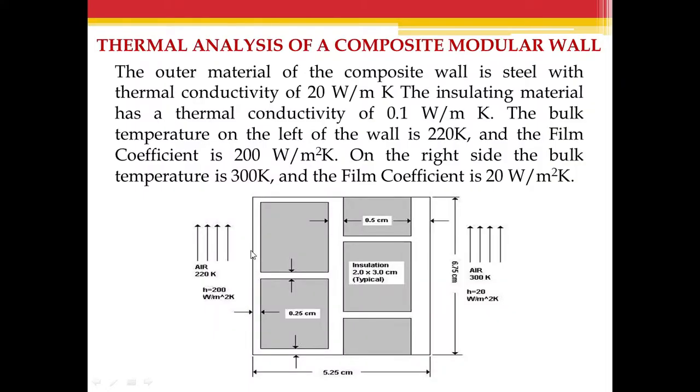Here it is a base plate, a rectangle. For that rectangle, the base width is 5.25 centimeter and the height is 6.75 centimeter. In order to convert centimeter to meter, 5.25 divided by 100, and for height 6.75 divided by 100.